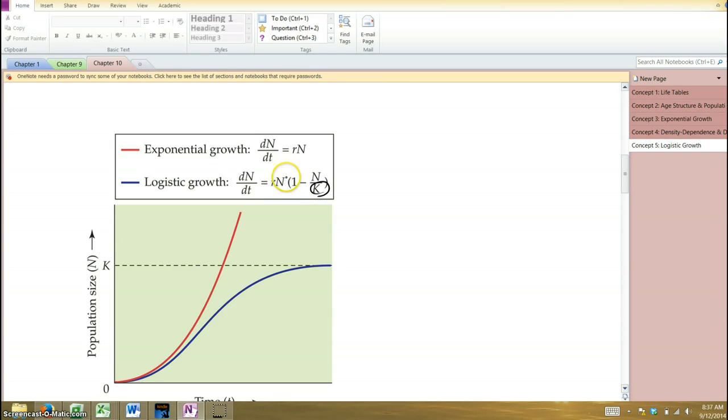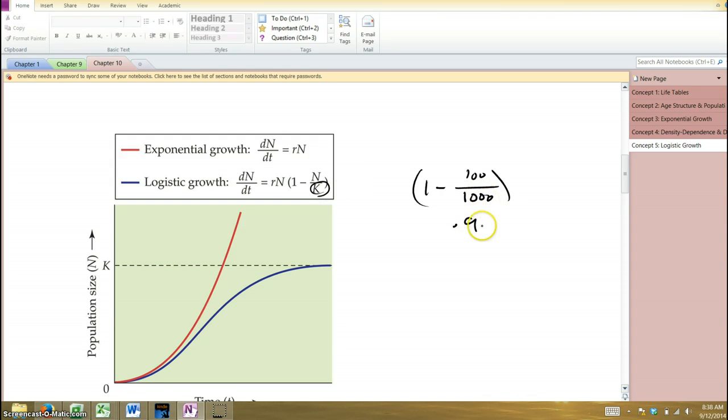So we essentially have the exponential equation here, but then we have this other part we put in. And so let's think about this. So if we have a carrying capacity of, say, 1,000, but we only have 100 individuals in the population at the current moment, essentially this side of the equation is going to be 0.9, okay?